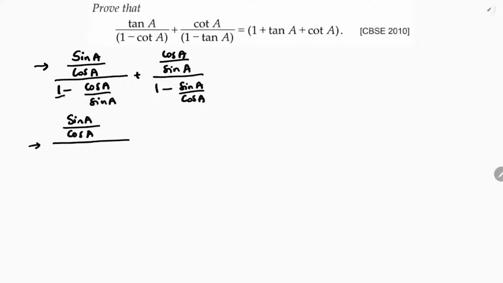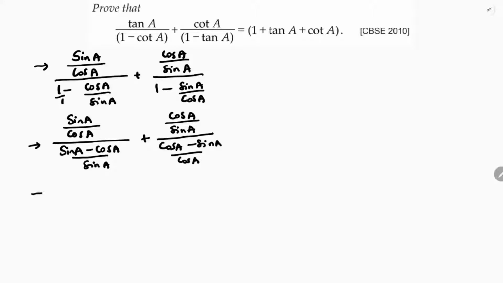In the denominator, the LCM is sin A, so I need to multiply by sin A here, so sin A minus cos A, plus numerator as it is cos A by sin A, and in the denominator, if I take the LCM, which is cos A, I'll get cos A minus sin A.